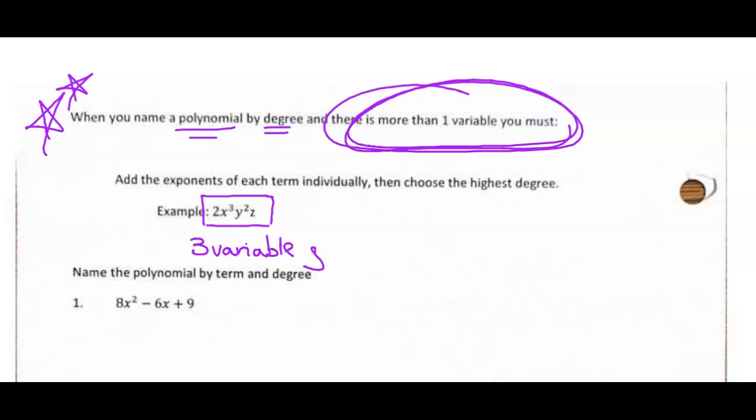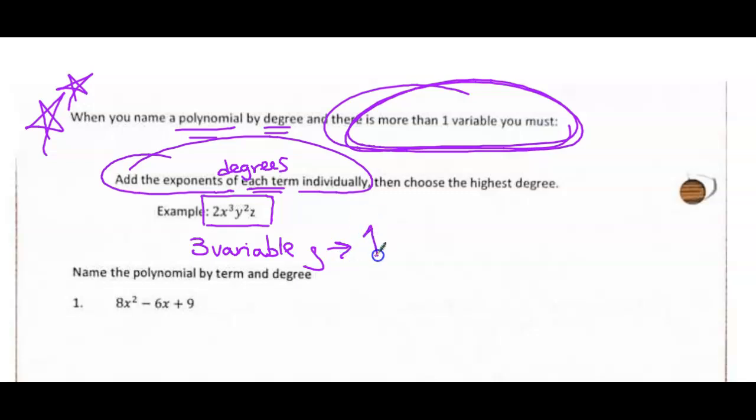So this says when there's 3 variables, you have to add the exponents, the degrees, of each term individually and choose the highest. Well, this has 3 variables and there is only one term. There's only one term because there is no adding and subtracting. So what you do is you take a look at the degrees. 3, 2, and this z really has a 1.